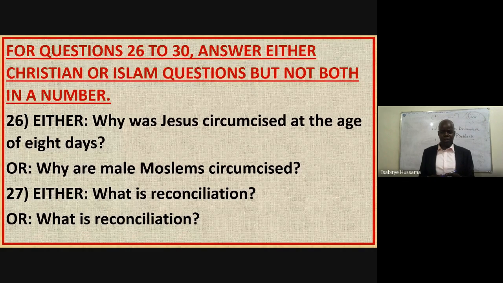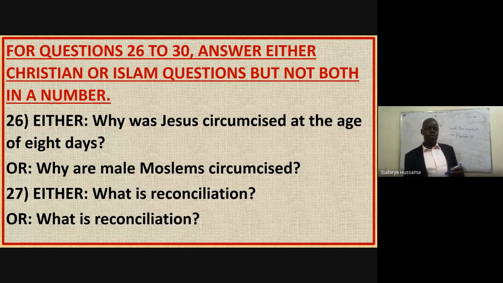That's why they have even made it free. Scientifically, it reduces the risks of getting HIV, AIDS, or sexually transmitted diseases. But reducing does not mean it's a guarantee that one cannot get AIDS. Don't assume that Muslims don't die of AIDS. They do. But it reduces the chances of one getting HIV, AIDS.